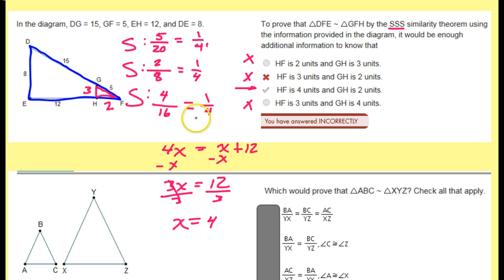And then you could have checked these ratios to see if they equal 1/4. Like the top one we know: 5 over 20 has got to be 1/4. So when you went to check the second one, 3 over 8, for example, if this is a 3, 3 over 8 does not equal 1/4. So right there you would know that that one's not it. So you could have done it by trial and error that way as well.